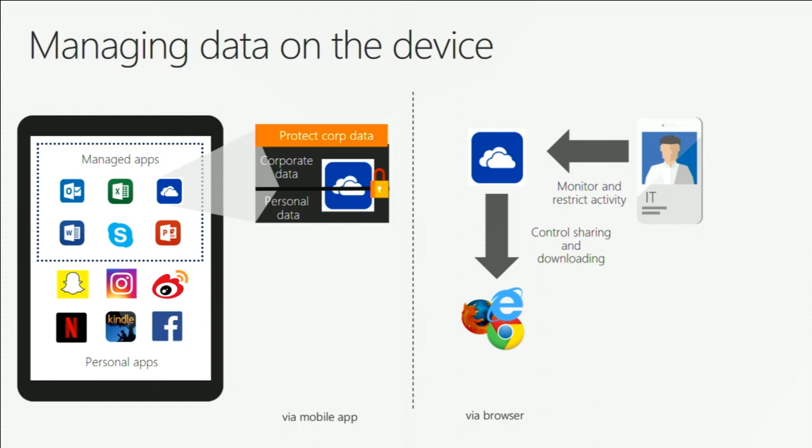So mobile application management allows you to separate the personal and business data on the device. You can sandbox specific applications, so you can have a group of managed applications based on your choosing. And then even within those applications, like the OneDrive application, which supports personal and business accounts, you can only manage the business content and wipe that type of content.